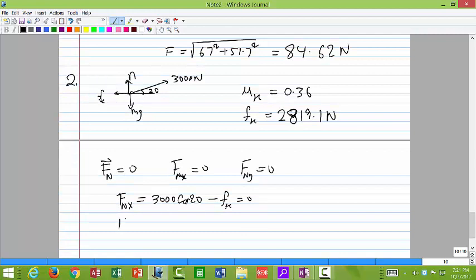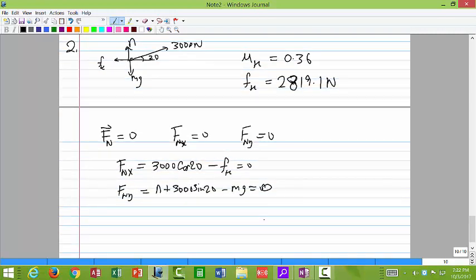And then the net force Y should be equal to N plus 3000 sine 20 minus mg equals 0. Like that. So right away you can see that Fk is equal to 3000 cosine 20, and that's what you told me is 2819. Okay.